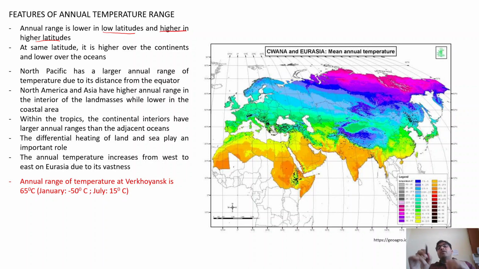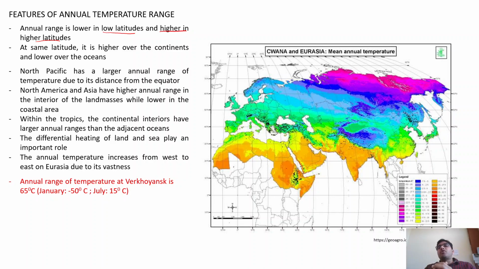Why does this happen? Because the lands have less specific heat capacity and therefore they warm quickly and they cool down quickly. Plus, they attain very high temperatures during the warmest month and very low temperatures during the coldest month. As a result, the range becomes high.